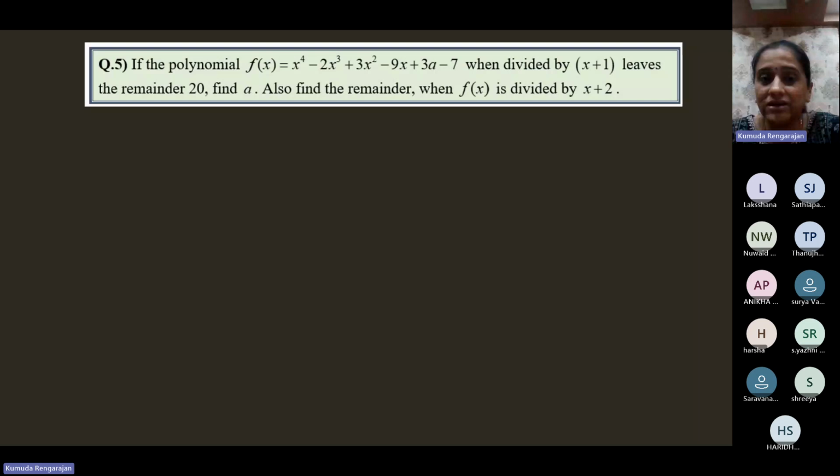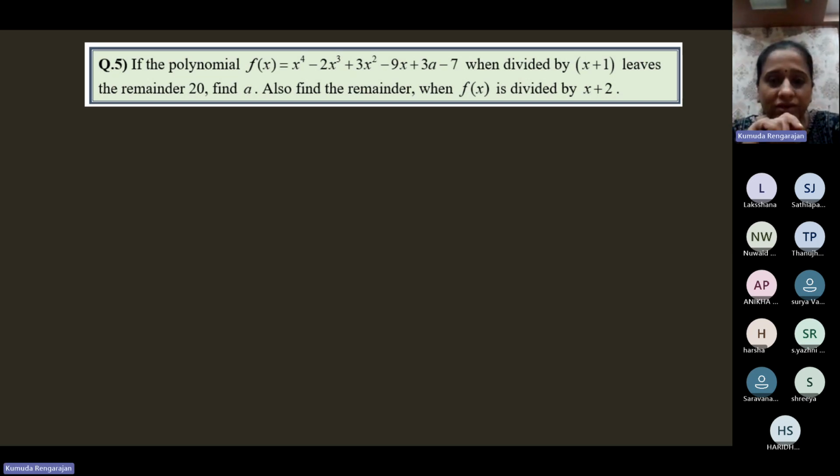The dividend polynomial is of degree 4, biquadratic. The divisor polynomial is linear, degree 1. When divided by x plus 1, it leaves the remainder 20. Find a. Also find the remainder when f of x is divided by x plus 2.